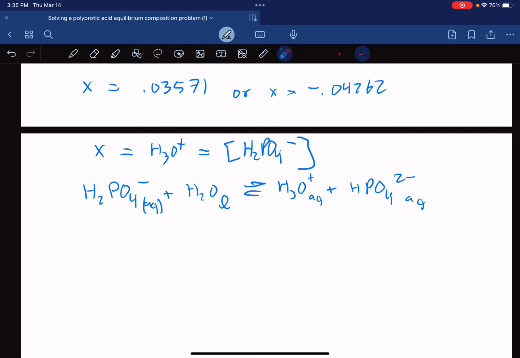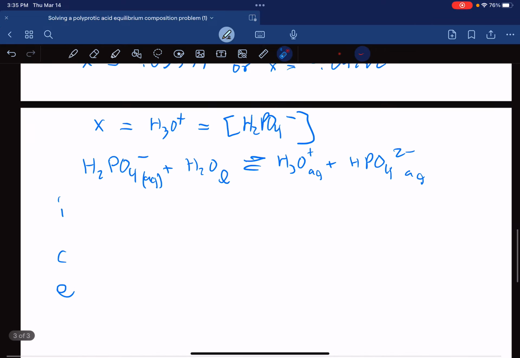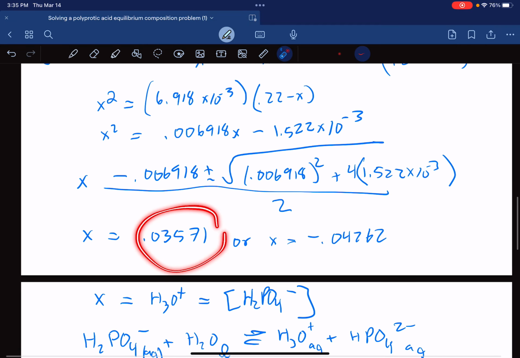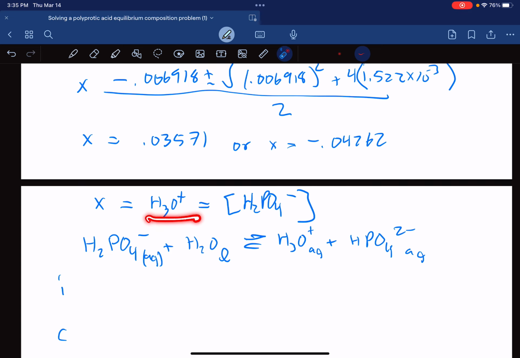So what are our starting values here for our ICE problem? Well, we have to go back and take a look at what we solved for right here. This right here is equal to our H3O plus concentration and our H2PO4 minus concentration. So that means that this is our starting value right here.